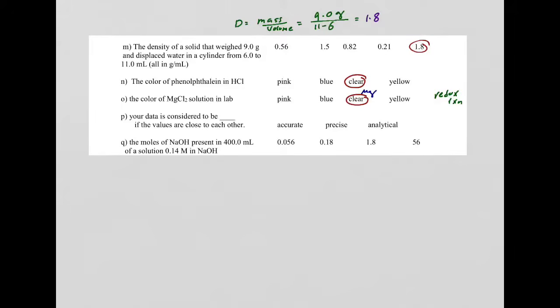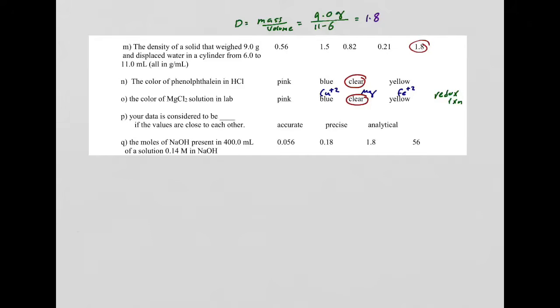If you know the color, sometimes the color helps you match up the bottle. So yellow, what was yellow? When you have yellow, you have iron. What was blue? When you have blue, you have copper +2.